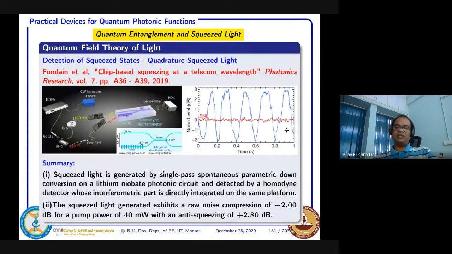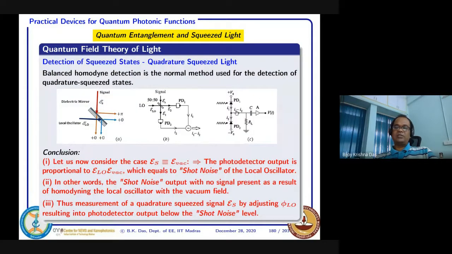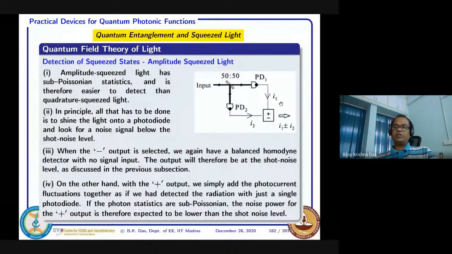You can modify this circuit such that the two photodetectors can be in parallel. Either you can feed into I1 minus I2 or I1 plus I2. You can just program this. So in this way, you can measure whether your input light is amplitude squeezed, that is sub-Poissonian, or not.